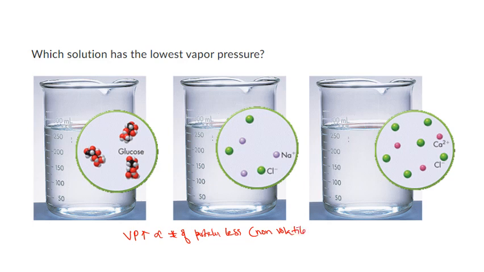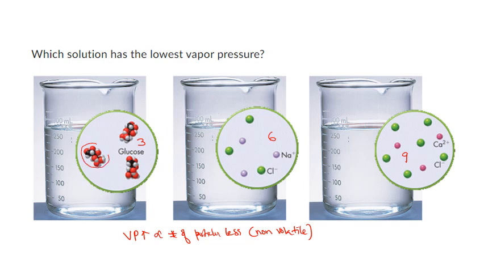Okay. So vapor pressure is high when the number of particles is less. So we can see here 3 particles. Here we can see 6 particles. Here we can see 9 particles. When you count that, you can see those ions. And glucose is not ionizing. So that is the least number of particles here. So this is going to be in the molecular form, whereas sodium chloride is ionic, so it will be in the ionic form.